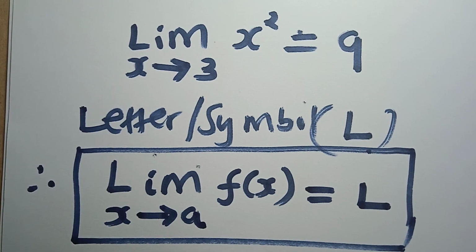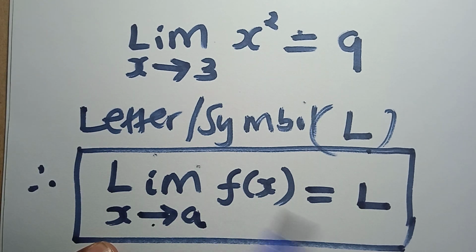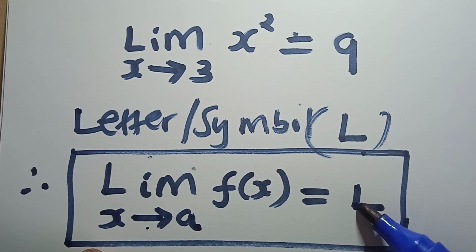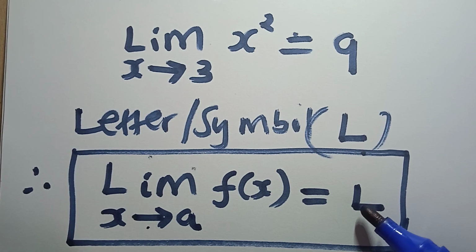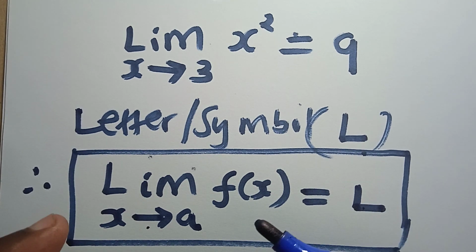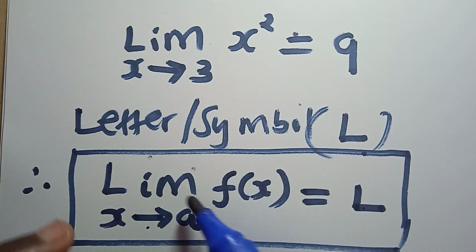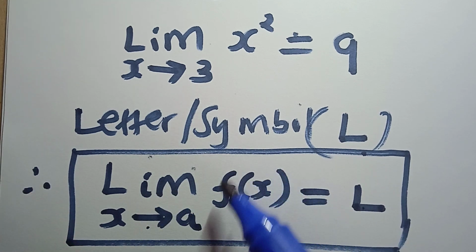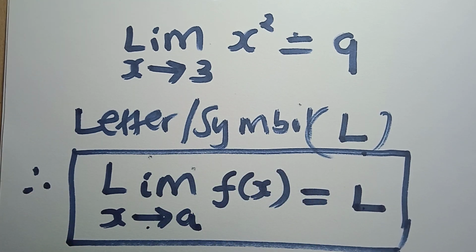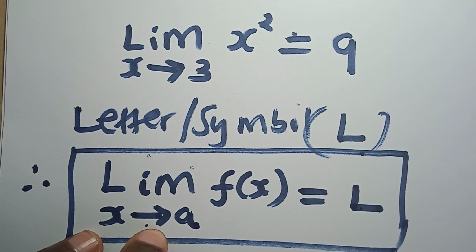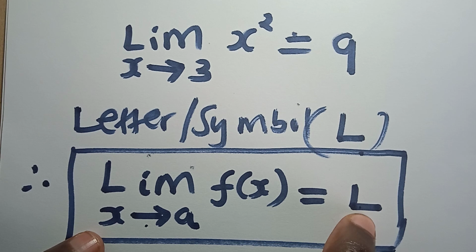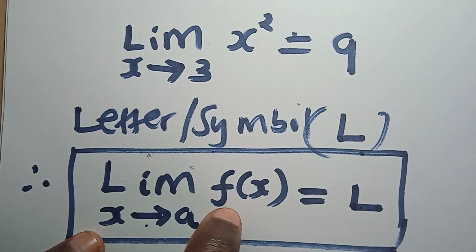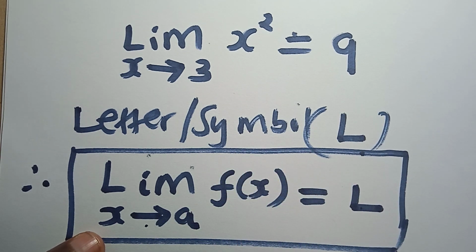Notice that this symbol simply means tends to or approaches, and you have seen it in the graph. This L is the value of the limit, just the value of y from the graph. The f of x is the given function, the a values are just values on the x-axis, and L will be the values on the y-axis.